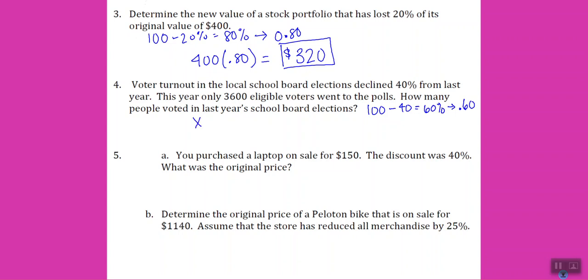So we don't know what last year was, but we know that it changed by a factor of 0.60 to come out to be 3,600. So divide both sides by 0.60. So we get that last year there were 6,000 voters.